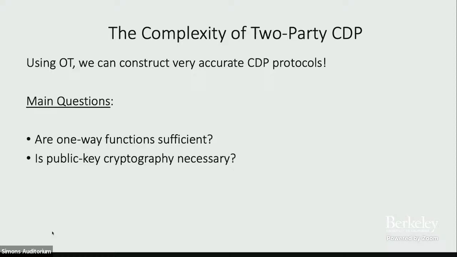And even if we do need public key cryptography, do we really need to use general secure multi-party computation, or maybe we can do something more efficient? So the question in this work is, what is the complexity? Specifically, what is the complexity of inner products?